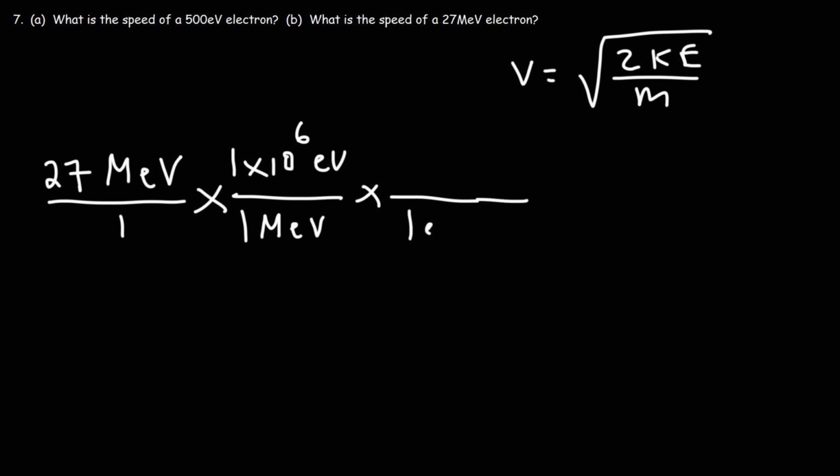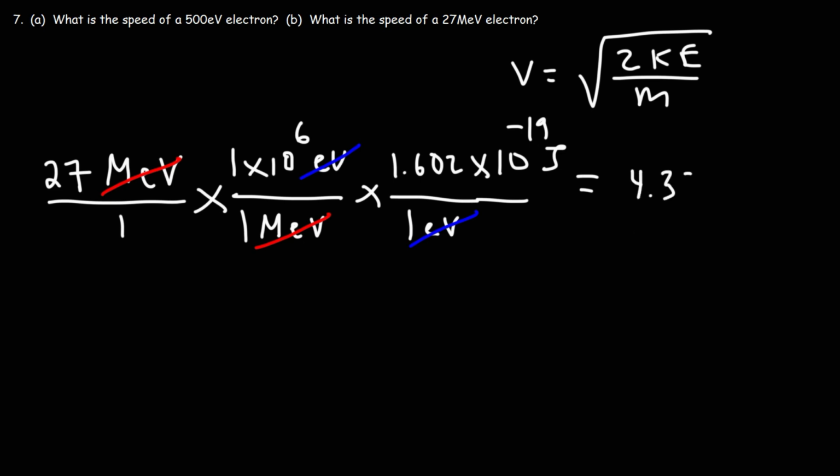And then let's convert this to joules. So we can cross out the unit mega electron volts and the unit electron volts. So it's 27 times 1 times 10 to the 6 times 1.602 times 10 to the negative 19. And so you should get 4.3254 times 10 to the negative 12 joules.